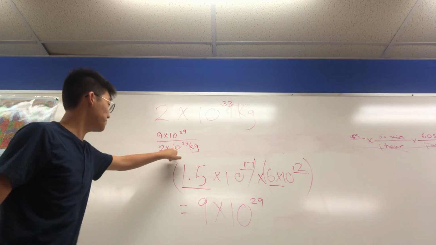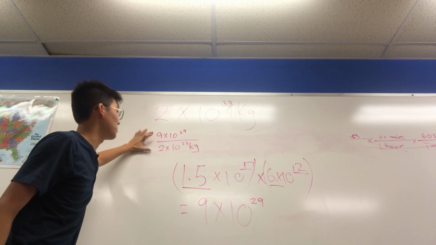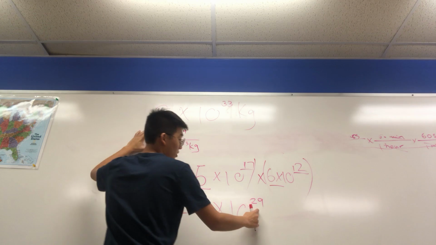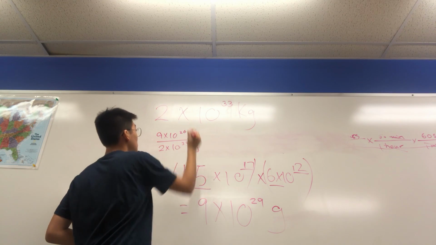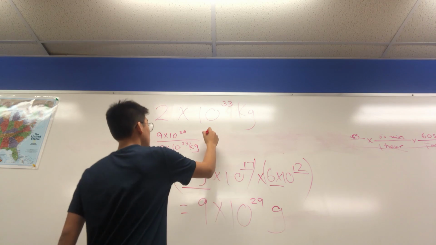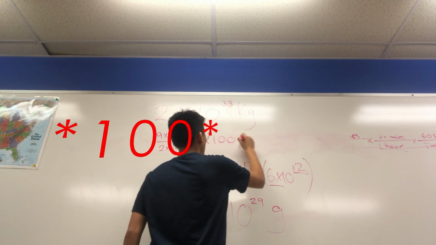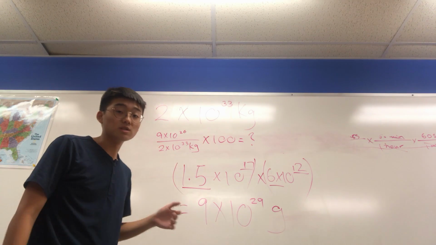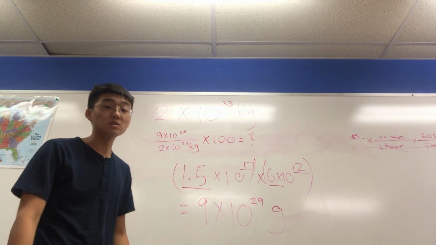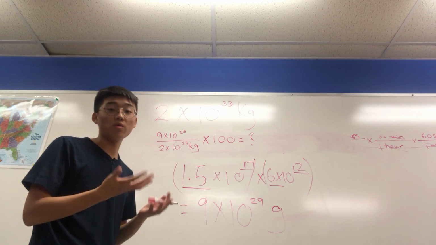Now you have to remember that these two need to be in the same unit, and 9 times 10 to the 29th is in grams. So that's 9 times 10 to the 26 kilograms. And then you just divide and multiply by 100, and you'll get the percentage of how much the sun has lost its weight since its birth.